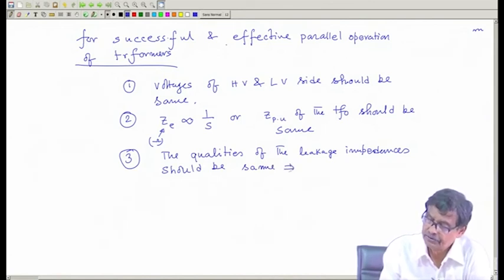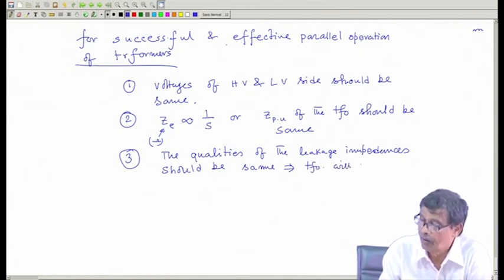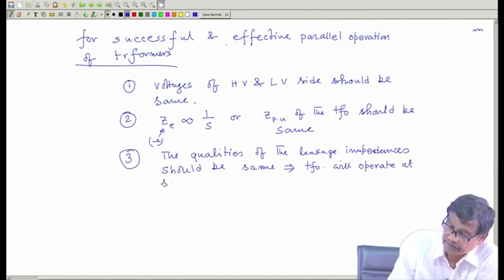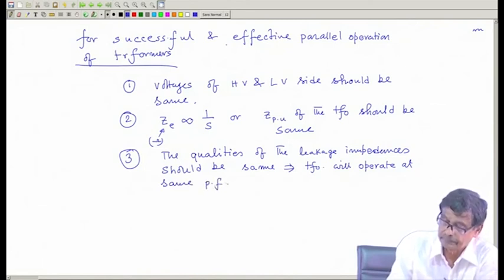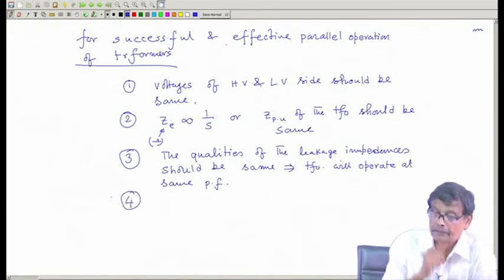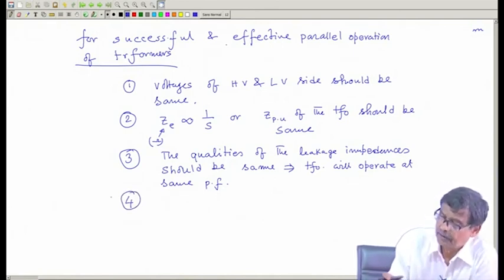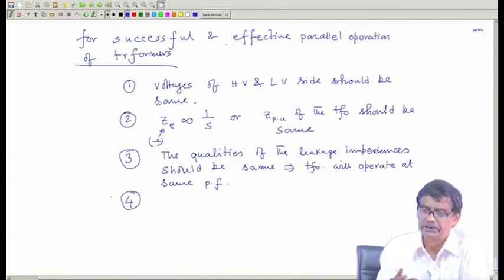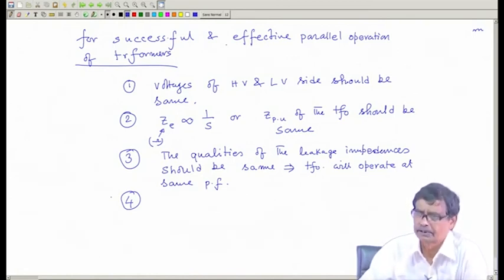This will ensure transformers will operate at same power factor. Now, number 4, and of course, this I have not listed with due regard to polarities you have to connect, otherwise what.